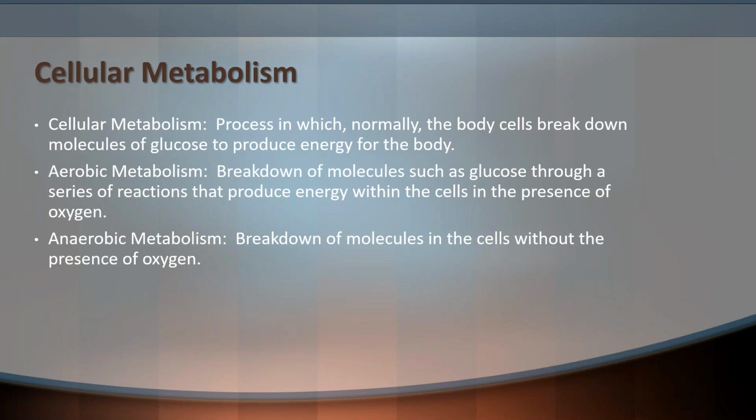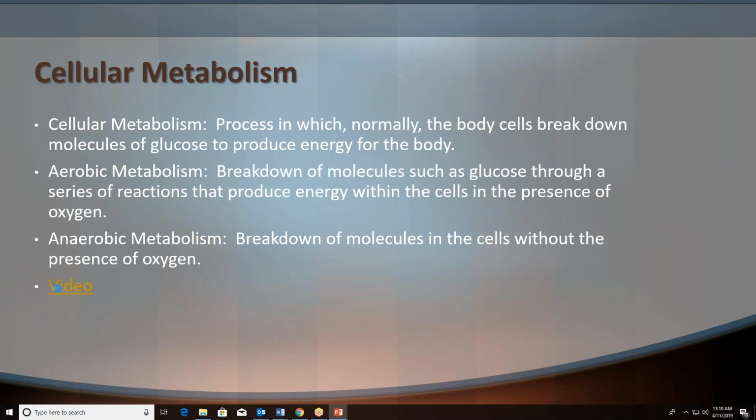So that's basically what's happening inside the body. With aerobic metabolism, we have the high technology cars. With anaerobic metabolism, we have the out-of-date cars that create much more waste and are much less efficient. Now pay attention to the video because it's going to walk you through that aerobic and anaerobic metabolism, and then also that cellular transfer in between the cell membrane.